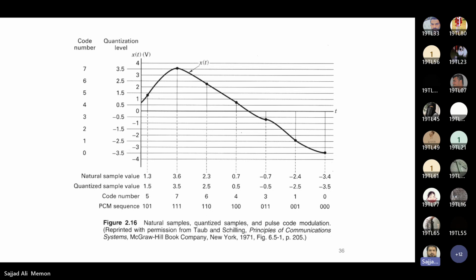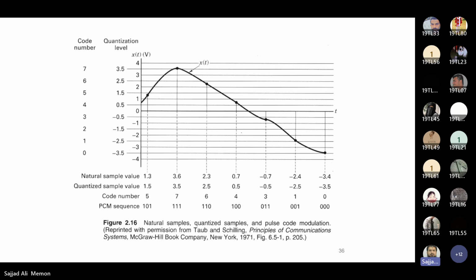Why do we say that? Because if a sample is exactly in between, at the center, let's suppose the first sample, that is from 0 to 0.5. If a sample is exactly in between the two quantile steps at 0.25, we can either move it 0.25 positive or 0.25 negative.